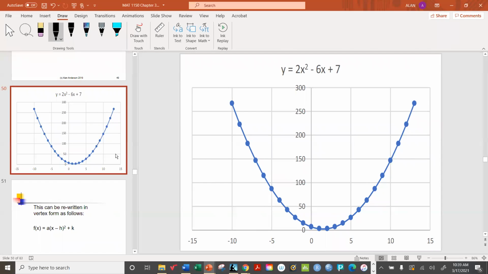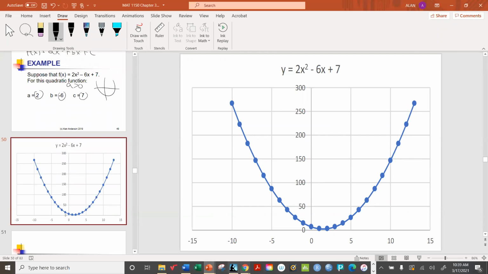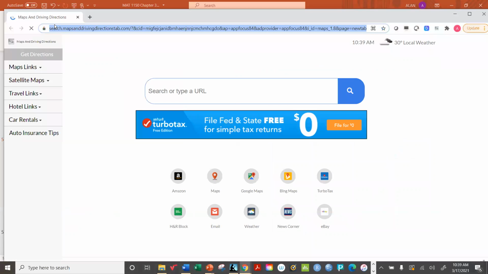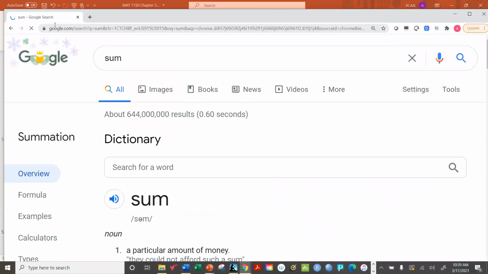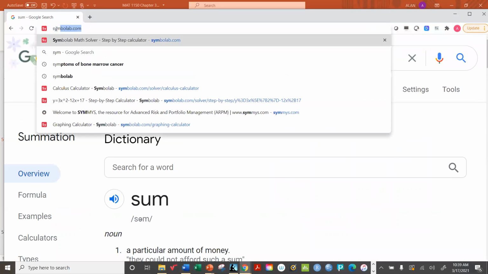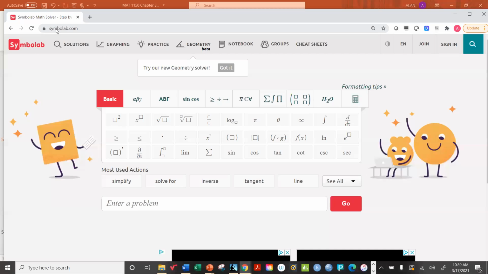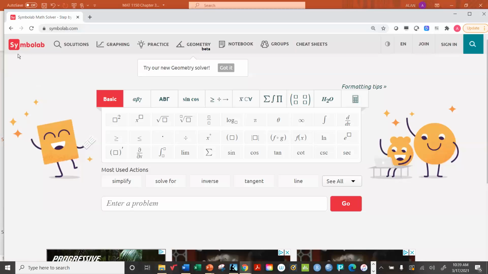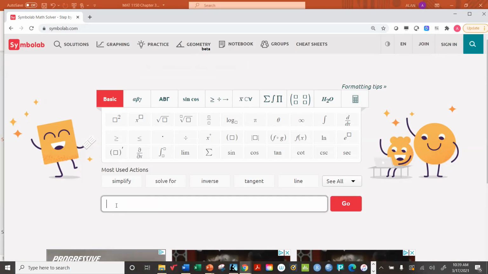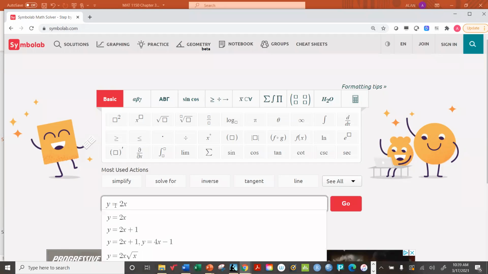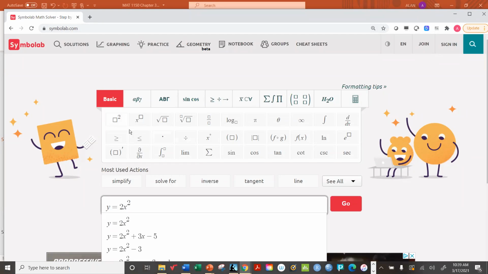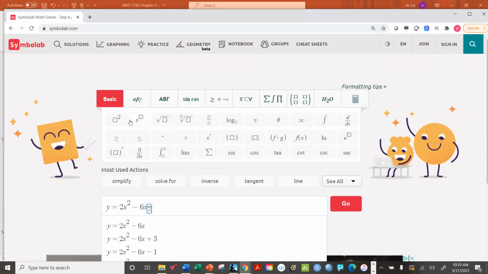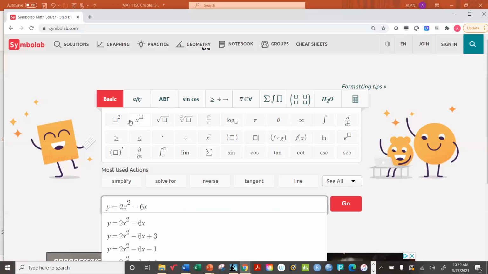So we went to Symbolab and said, all right, here's a job for you. It's a nice thing, because a lot of times it's tricky to visualize what these functions look like. So we have 2x squared minus 6x plus 7.